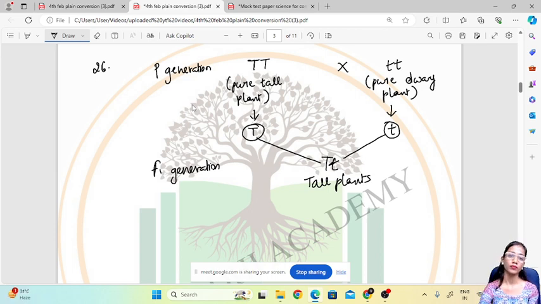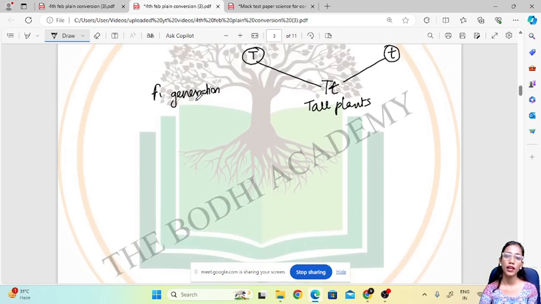Okay. Now to find out the F2 generation, we cross the progeny of the F1 generation, self-breeding, okay, self-pollination. So both the parents are the same, and over here we will have two kinds of gametes for both.